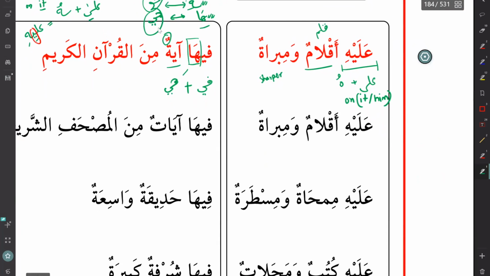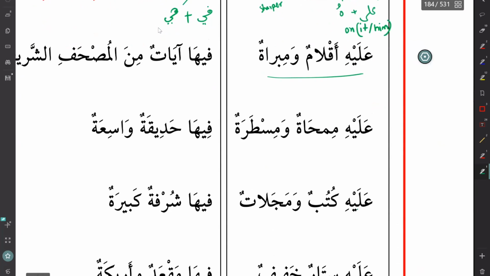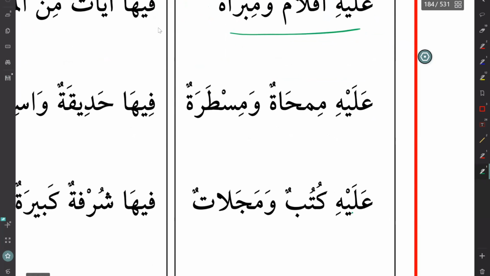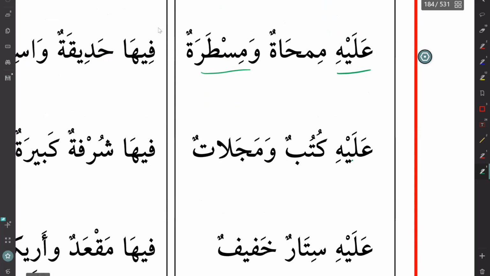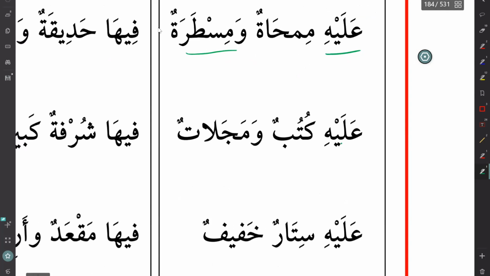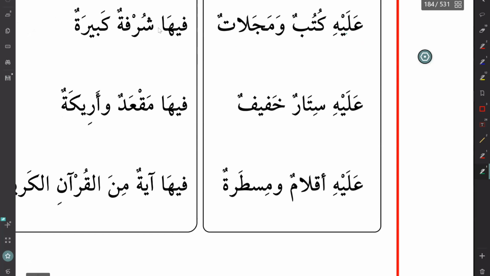Now, this one is similar. So, you can try the following ones and see if you can understand. For example, it says, alayhi mimhatun wa mistaratun, on it, an eraser and a ruler, right? Alayhi kutubun wa majallatun, okay? On it, books and magazines. So, inshallah, try to do the rest of them.